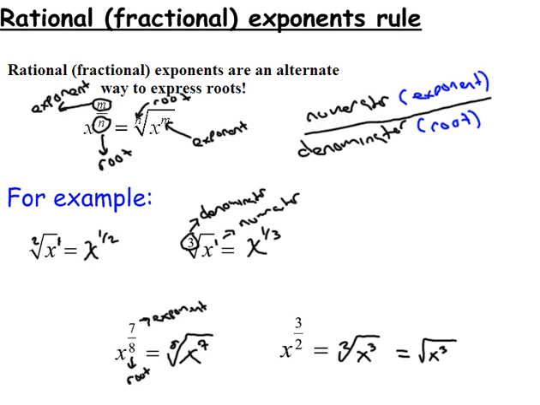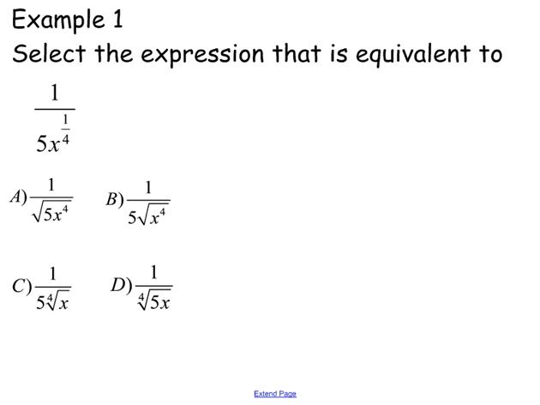Okay, let's try an example. Select the expression that is equivalent to 5x to the 1/4. Very important that you realize something. That exponent of 1 over 4 only applies to the x.